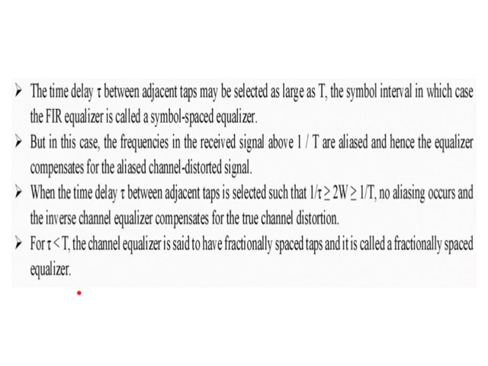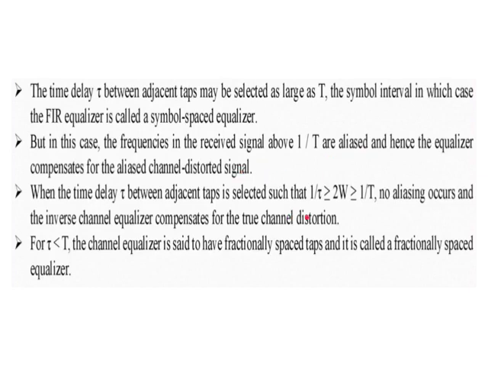So we came across three cases here. In the first case, the time delay tau is as large as T, and the equalizer is called a symbol spaced equalizer, and the frequencies in the received signal above 1 by T will be aliased, and the equalizer will compensate for this distortion.